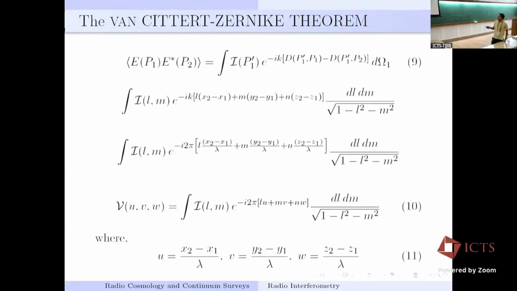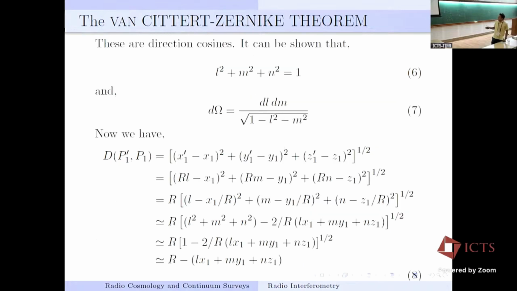Now if you subtract, this R will get cancelled. You will get L into x2 minus x1, M into y2 minus y1, N into z2 minus z1, right? Is this clear?